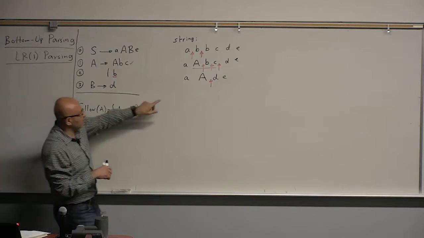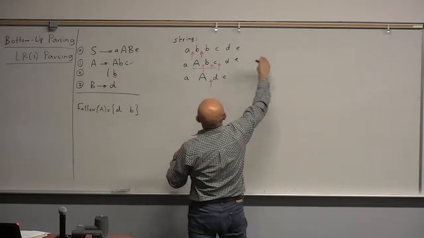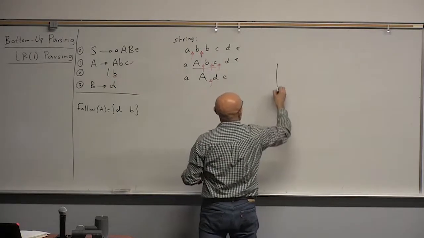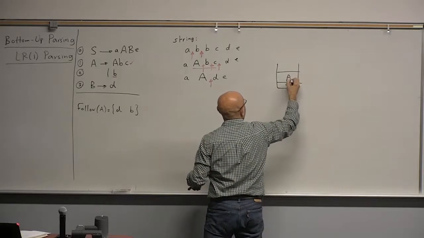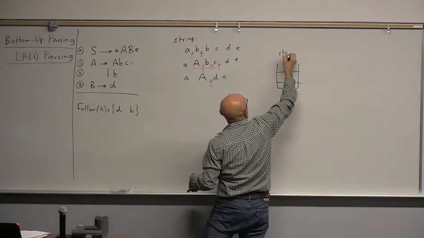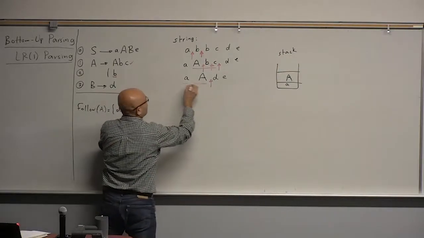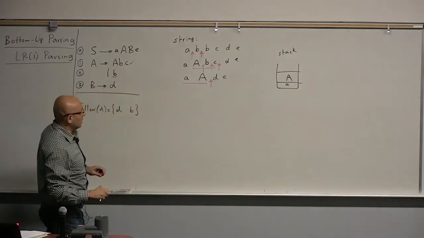In this case, our stack will have an A, then an A at the top. This is our stack, what we have read. And the D is our look ahead.